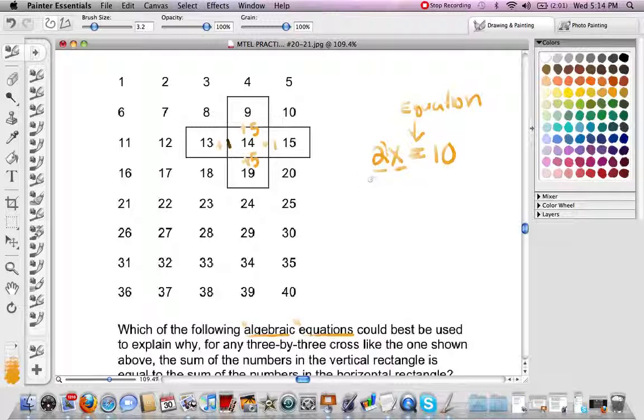And a lot of times with algebraic equations, I can solve them using a variety of different methods, but in this one right here, we could solve for x and get x is equal to 5. This gives us an idea of what an equation is. Now, if it was, for example, just 2x minus 1, just this part right here, we would call this part without an equal sign an expression.